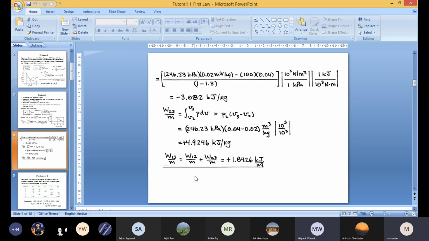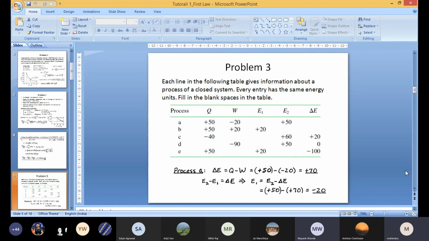This is about how to calculate work from individual processes. Okay. So now we are going to the first law. So far we have calculated work calculations for particular processes.